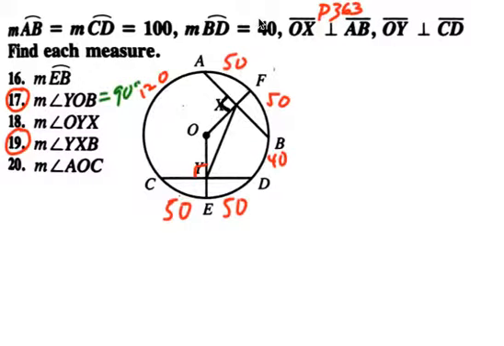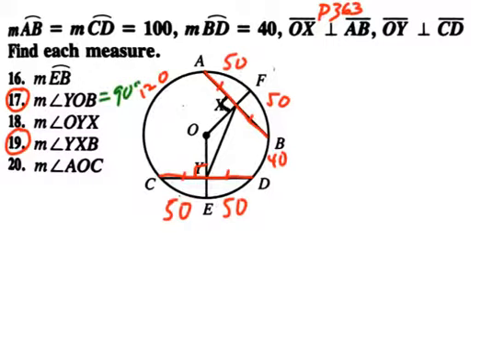Now, since these chords here, AB and CD, you notice they intercept the same measure of minor arcs, that means they must be congruent. And since they're right angles, they must be perpendicularly bisected, and therefore those chords are congruent.